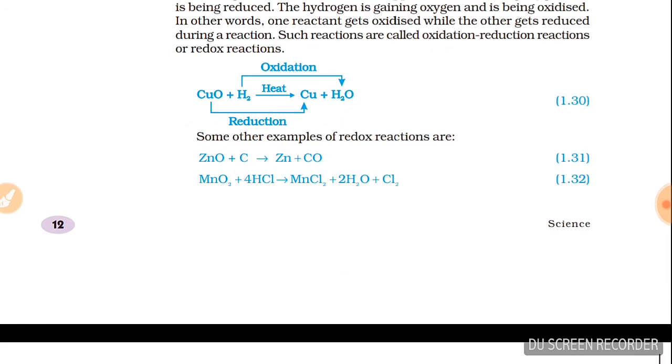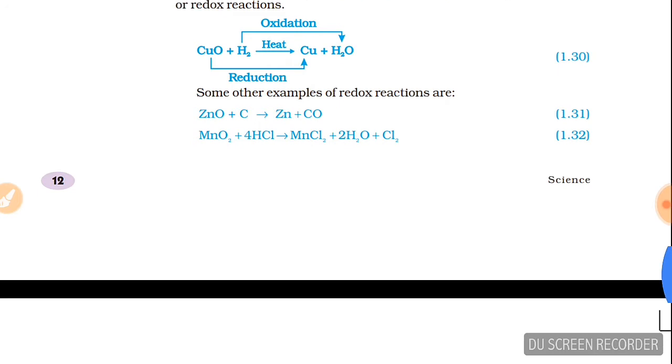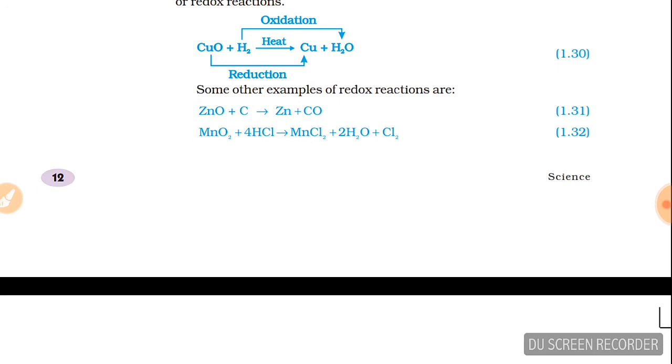Here copper is getting reduced as well as hydrogen is getting oxidized, because the hydrogen is changed into water. So the addition of oxygen is taking place, but in the place of copper oxide, there is removal of oxygen, so it is getting reduced. This type of reaction is known as redox reaction.